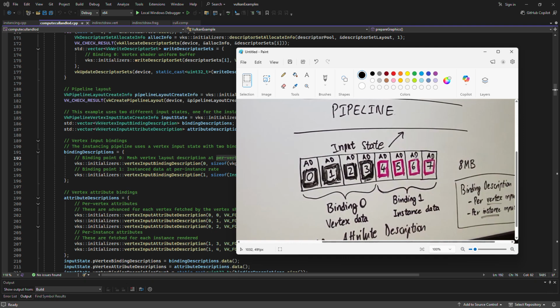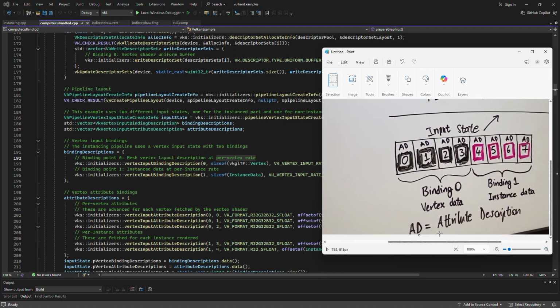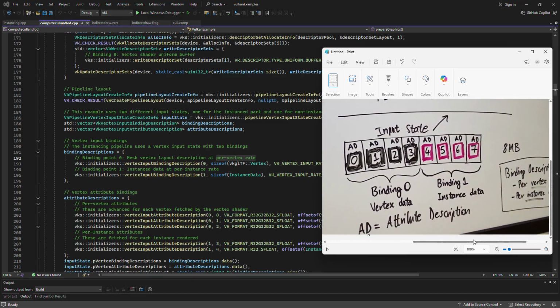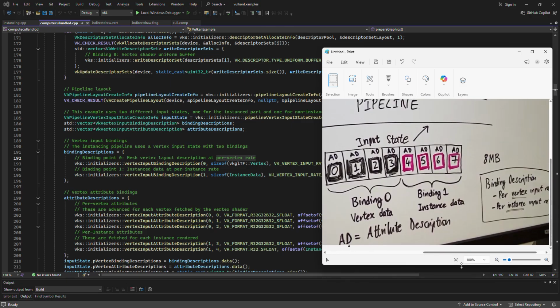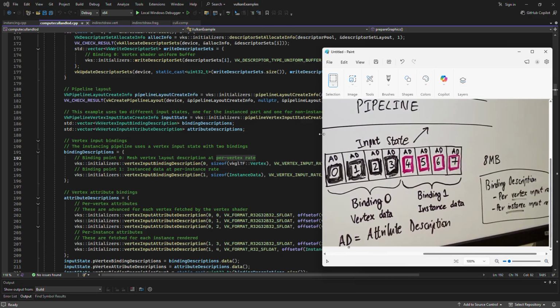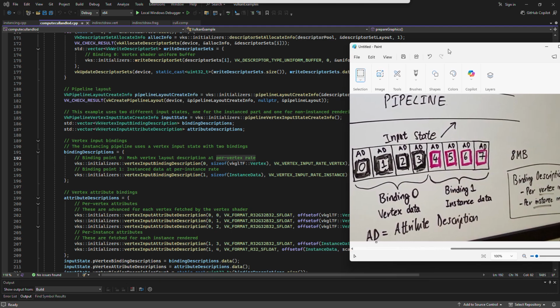This makes sense for us because we know that for the bindings we have binding 0 vertex data, per vertex data.